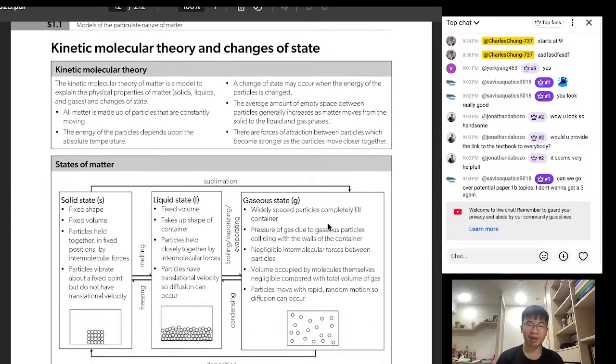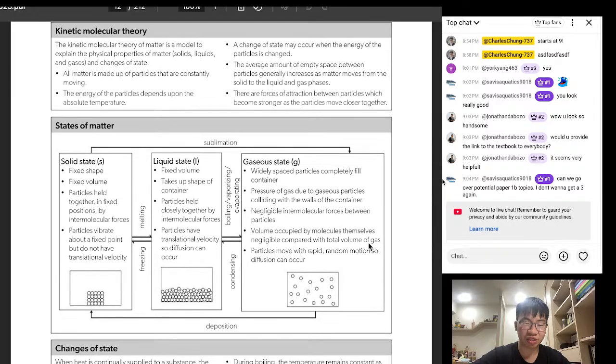I don't know if you guys remember about the kinetic molecular theory and a change of state. I don't really think this will come up, but it's good to know that everything is moving, and the energy of the particle is basically the temperature. And the change of state occurs when the energy of the particles is exchanged. So you need to know: is it melting? Is it freezing? Is it boiling? Is it expanding?